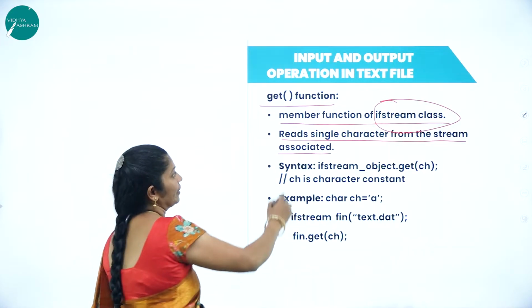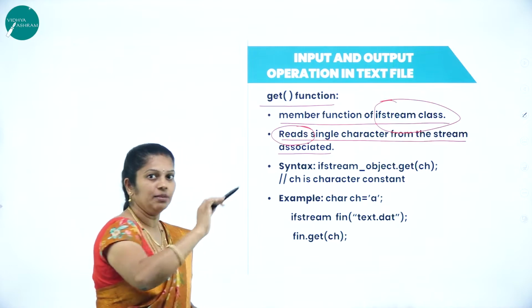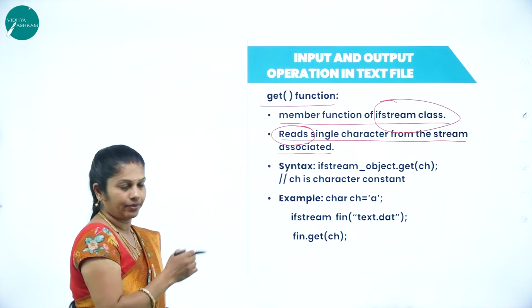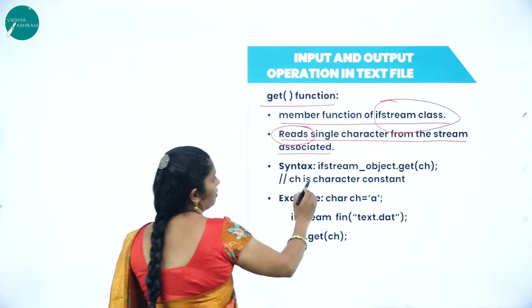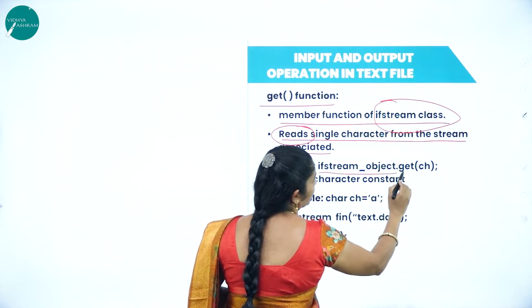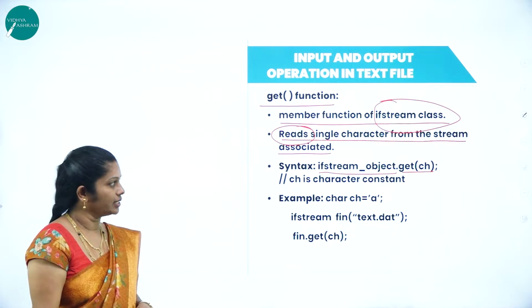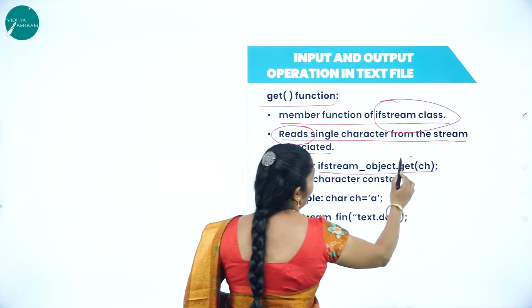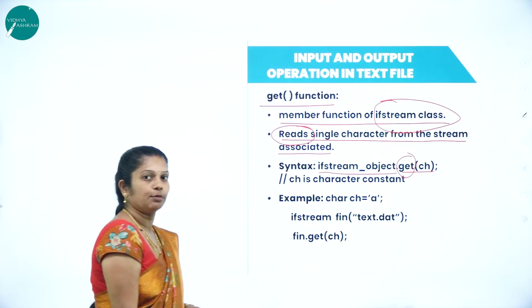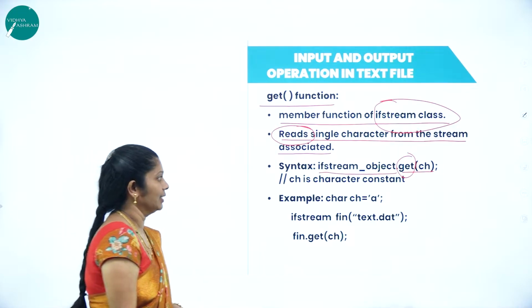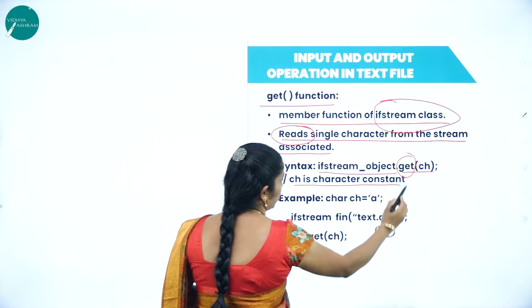It helps to read, or I can say input, a single character. If you observe the syntax, first I have to write the ifstream object dot get. Inside the bracket, you have to mention the character, that is ch. That means here we are using the get function to input a single character, where ch is a character constant.